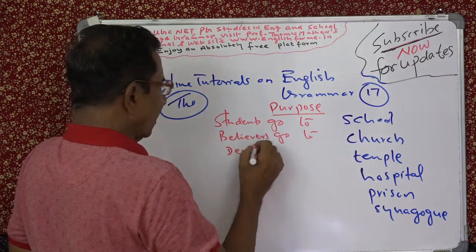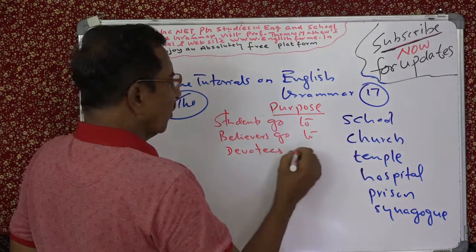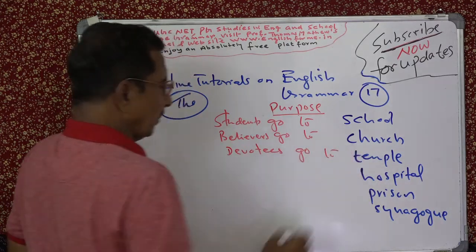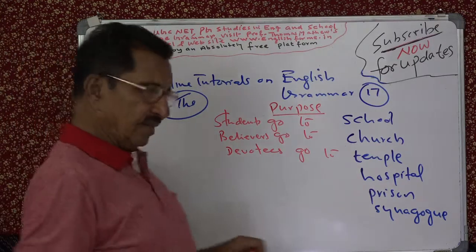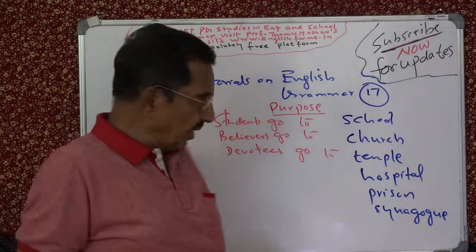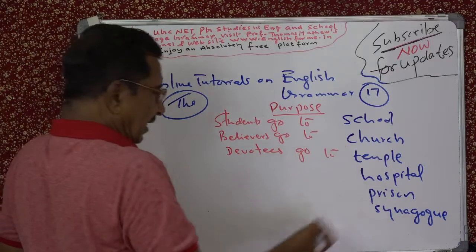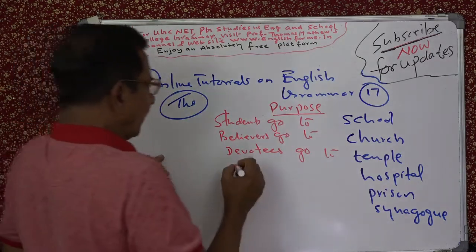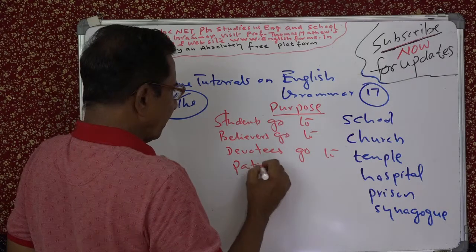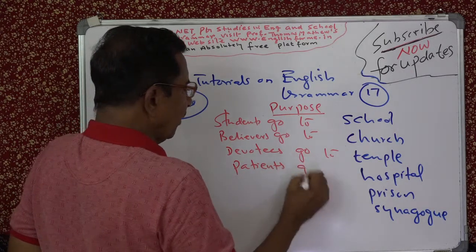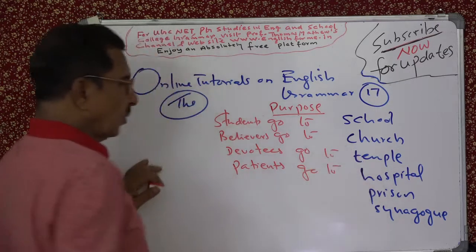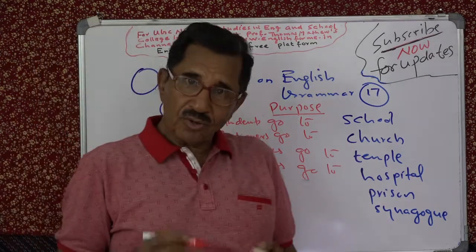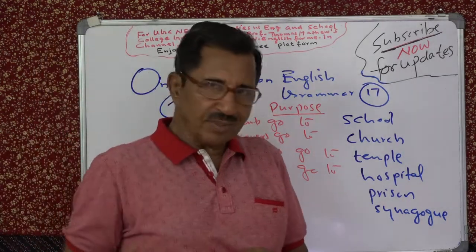Devotees go to temple. Understand? The purpose is to pray. And then we have hospital. What is the purpose? Patients go to hospital because the purpose is for treatment.